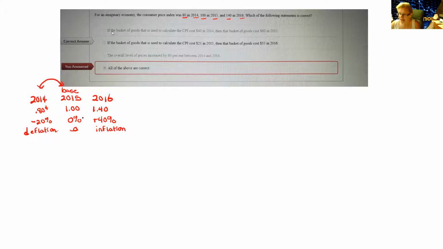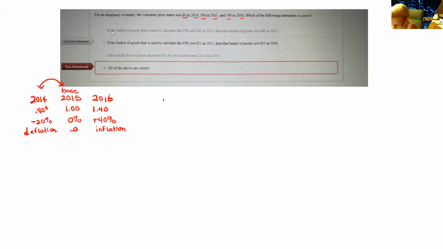We should see a 20% increase if that is correct. If we were down 20 and then went to 0, it has to be a positive 20% rise in prices. So I'm going to calculate that out and see if that works.